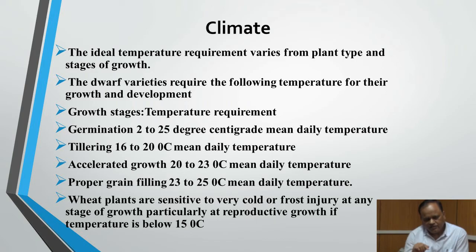For tilling, 16 to 20 degrees Celsius. For accelerated growth, 20 to 23 degrees Celsius mean temperature. And for proper filling of the grains, 23 to 25 degrees Celsius.